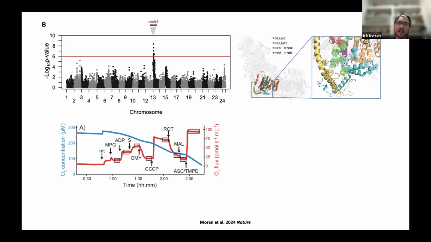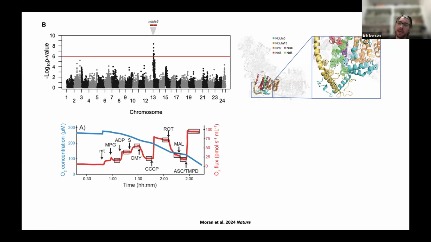And through doing functional analyses of the mitochondria, where we isolate those mitochondria, place them into a chamber, and we watch oxygen go down over time, which is the blue line represented here, and we add different substrates and inhibitors, we can see how the flux of oxygen changes over time. So that's the red line going up and down in relation to what we've added.